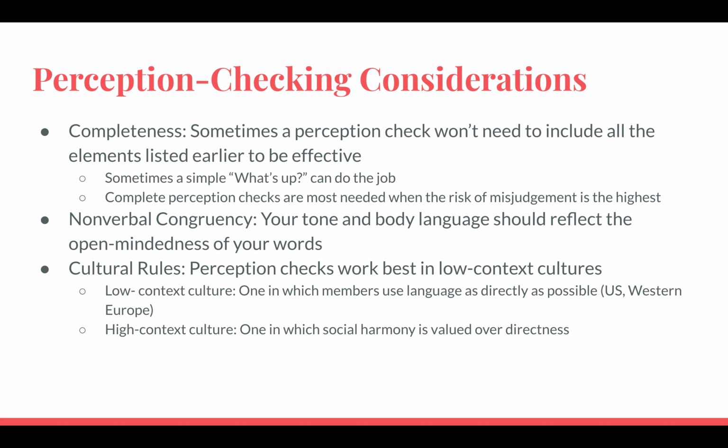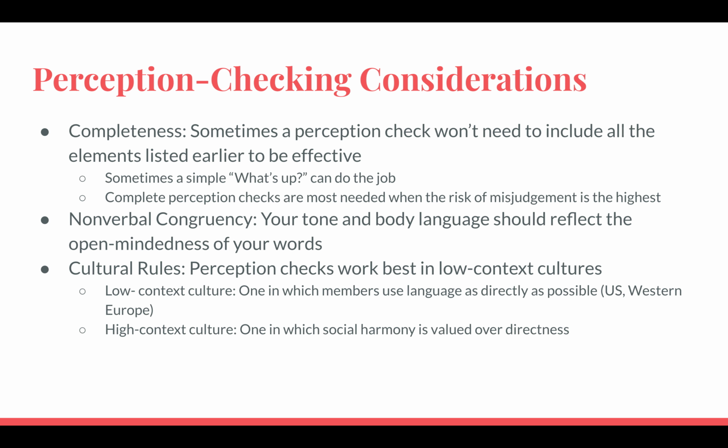So you have to ask yourself in these kinds of situations, what's at stake? What are the stakes involved? And what happens if I interpret their behavior incorrectly? And if the answer is that it's really impactful, right? If it can mean something like getting fired or getting a divorce or hurting a loved one's feelings, then it's really important maybe to walk through all three of the steps we listed earlier.